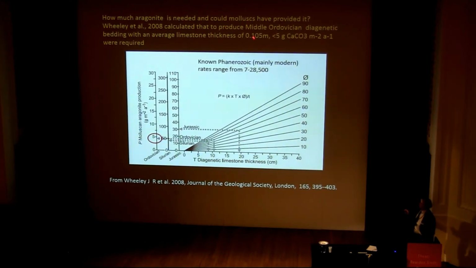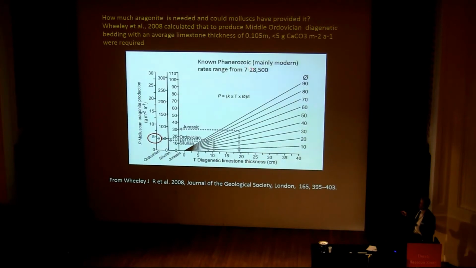They found that to produce typical mid-Ordovician diagenetic bedding, an average layer about 10 centimeters thick, you need a production rate of about 5 grams of molluscan aragonite per square meter per year. And that really isn't much of a problem because these are the production rates of bivalve aragonite known from the Phanerozoic.